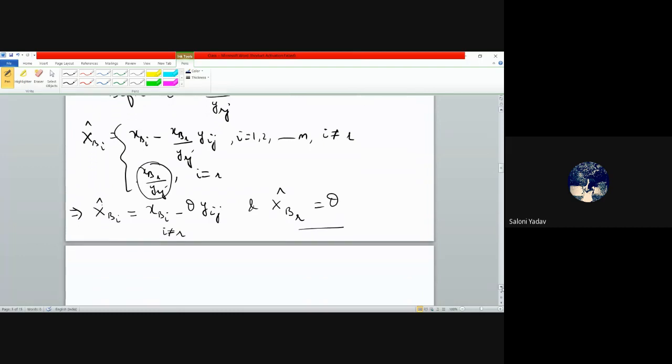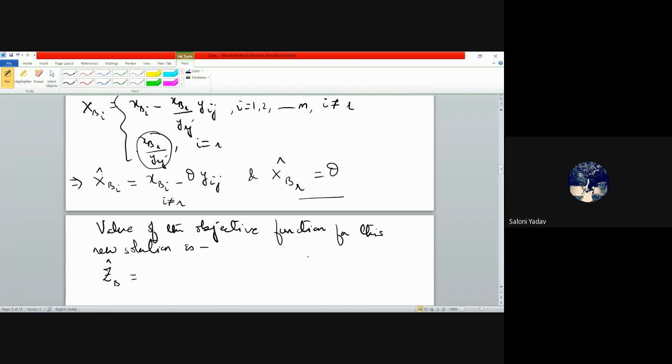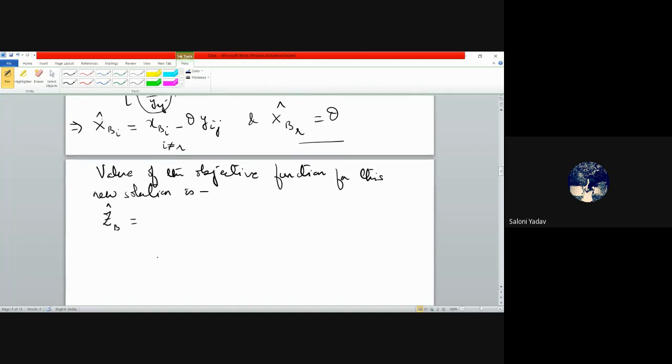Now, let's see what will be the value of the objective function. So I say the value of the objective function for this new solution will be, let's call that ZB cap, because with the new bases and the new basic feasible solution we have put a cap on everything, just to distinguish that it's the new one.